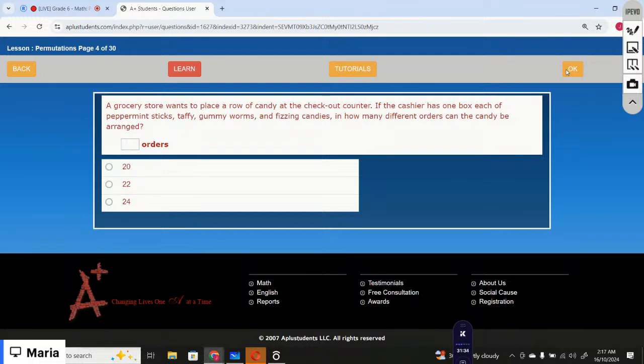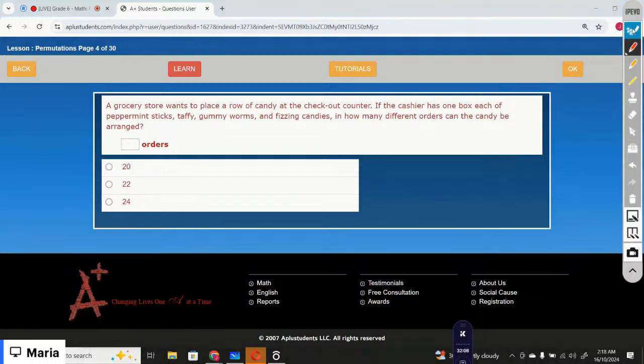A grocery store wants to place a row of candy at the checkout counter. If the cashier has one box each of peppermint sticks, taffy, gummy worms, and fizzing candies, in how many different orders can the candy be arranged? So, which is the correct option? Okay, so one box each, that is peppermint stick, taffy, gummy worms, and fizzing candies.